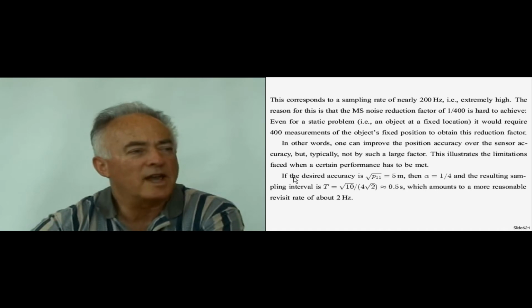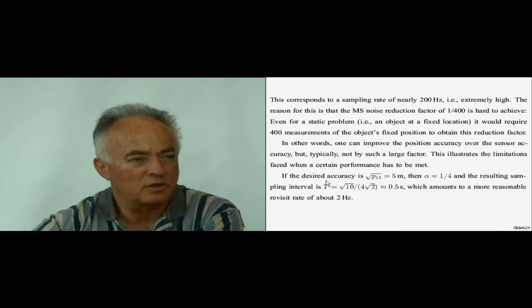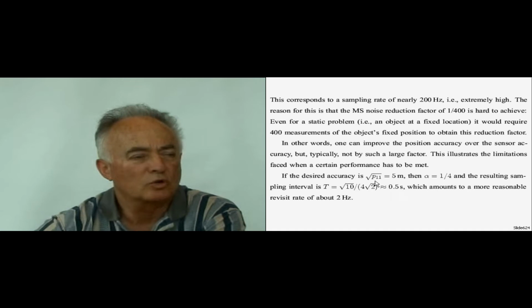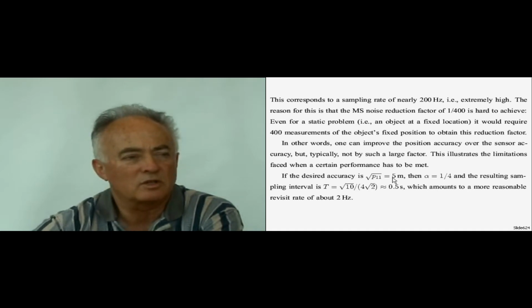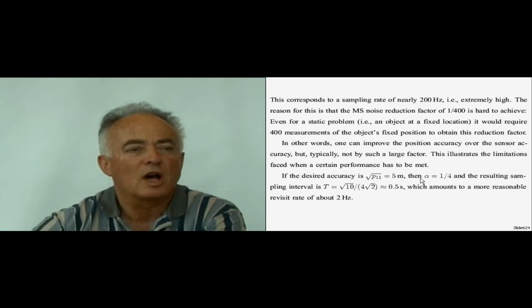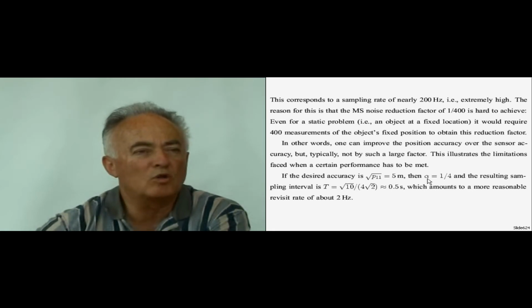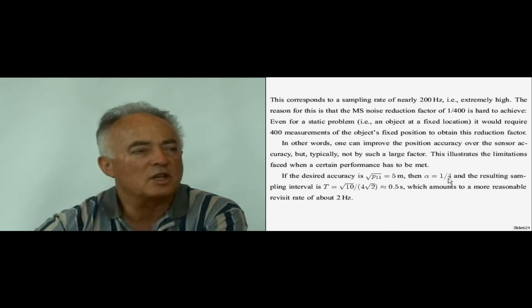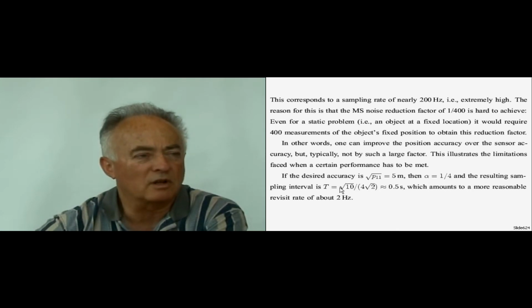Now, if we relax the desired accuracy, so the RMS error in steady state is 5 meters, then we would need a filter gain of 1/4, and this yields a sampling interval of about half a second, and that's a more reasonable revisit rate of about 2 Hertz.